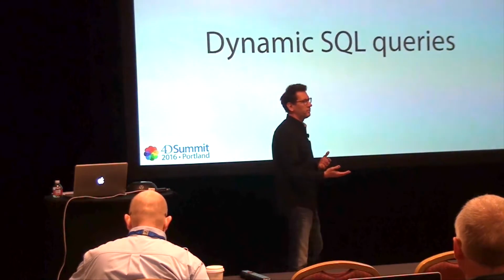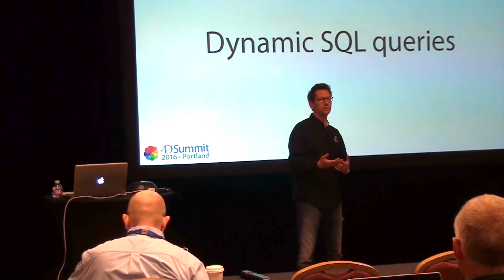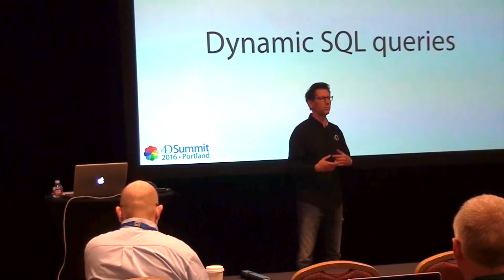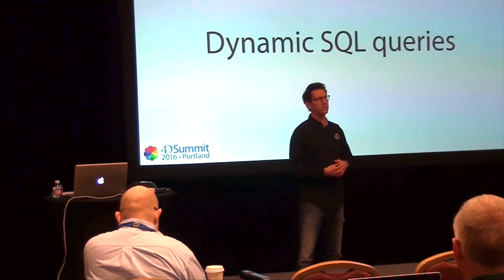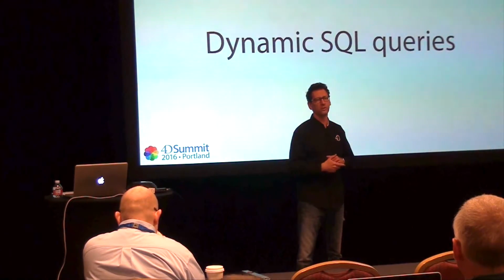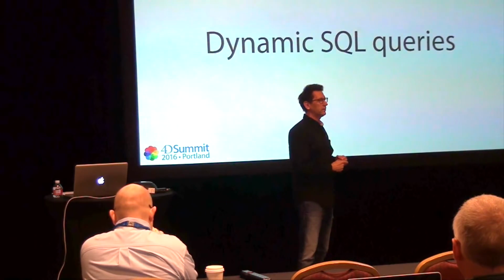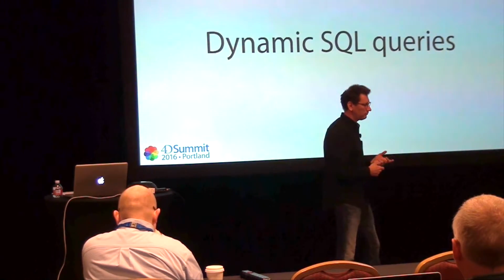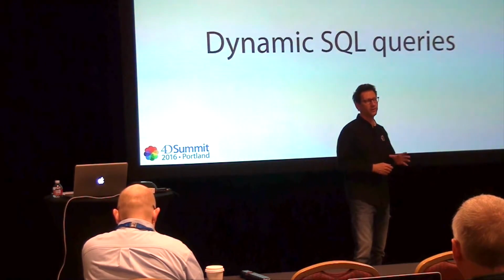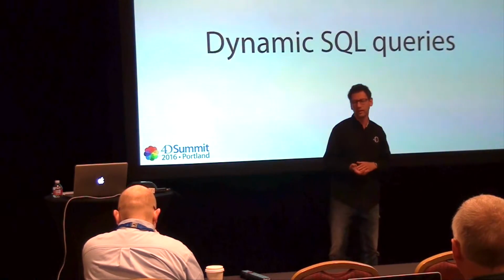And we do the same thing in 4D, because once we realize that this query works on multiple tables and I don't know which one the clients will use, we start using pointers to tables. We start using pointer variables. And so little by little, the code becomes a bit more complex than the simple few lines of code we started with.